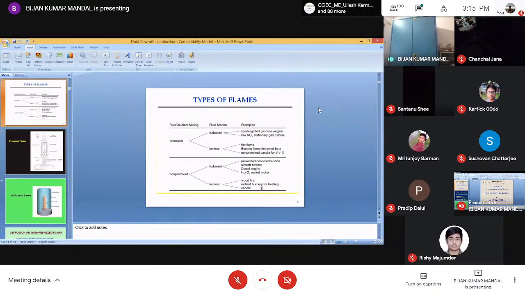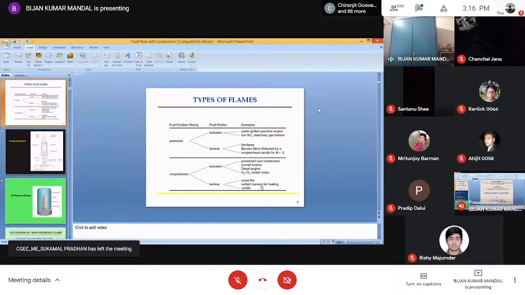But when you talk about non-premix or diffusion flame, initially the fuel and the oxidizer or air are separated and enter the combustion chamber, diffusing into each other, and then there are chemical reactions. That's why it is called a diffusion flame. Obviously, it is not only controlled by chemical kinetics; the diffusion process is also important.